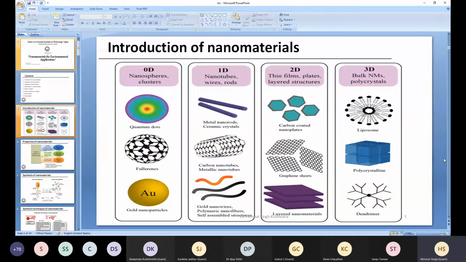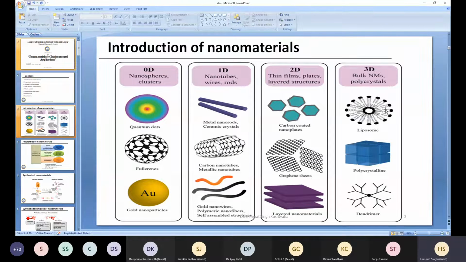In 1D nanomaterials, two dimensions are confined and one dimension can grow. The examples are carbon nanotubes, metal nanorods, ceramic rods, gold nanowires, and polymer nanofibers.